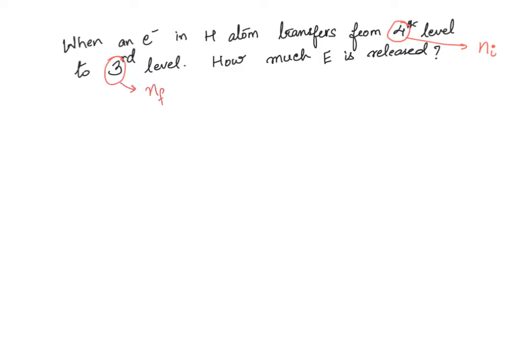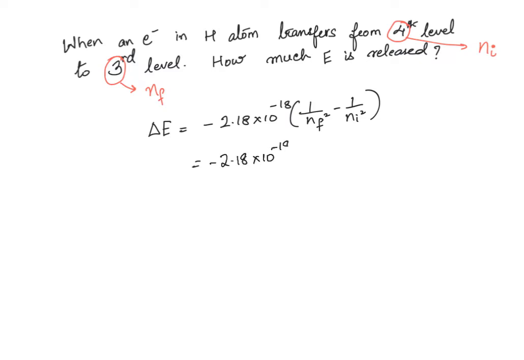it's finally going to the third level. So your formula for this, as we have seen in the previous slide, delta E is negative 2.18 times 10 raised to negative 18 times 1 over nf squared minus 1 over ni squared, and this would be negative 2.18 times 10 raised to negative 18, 1 over 9 minus 1 over 16.